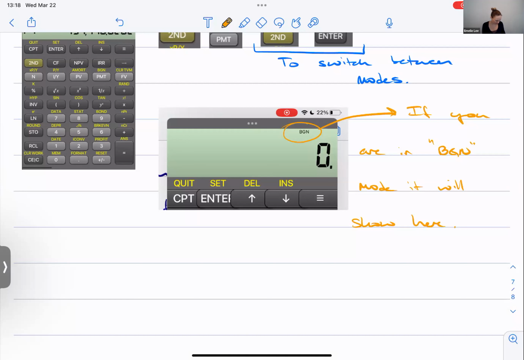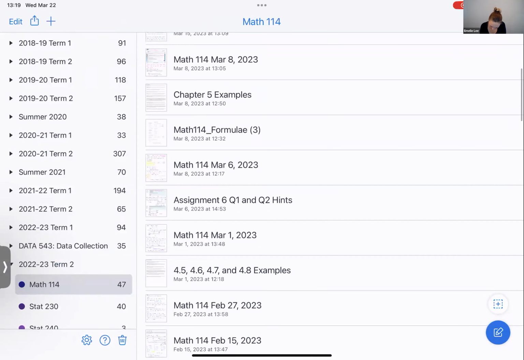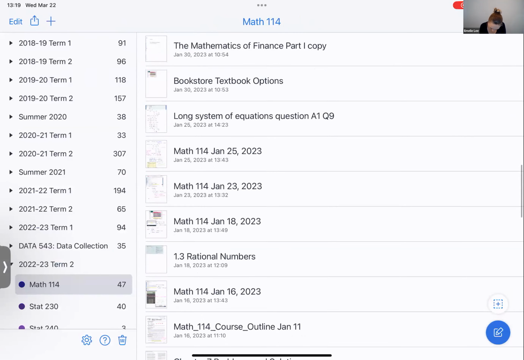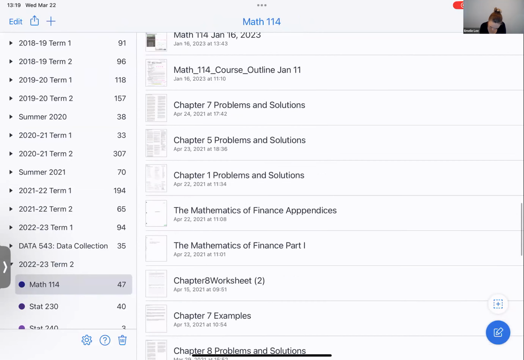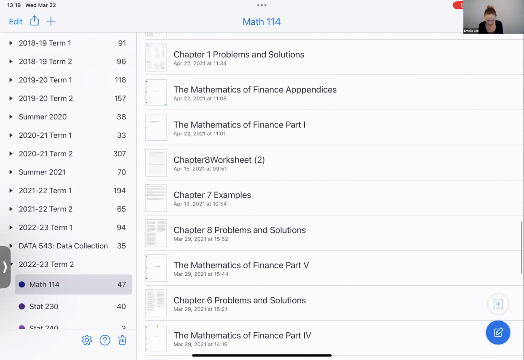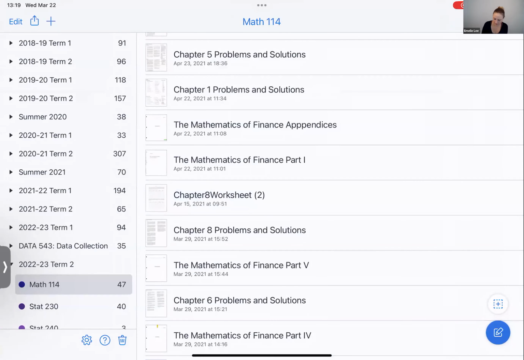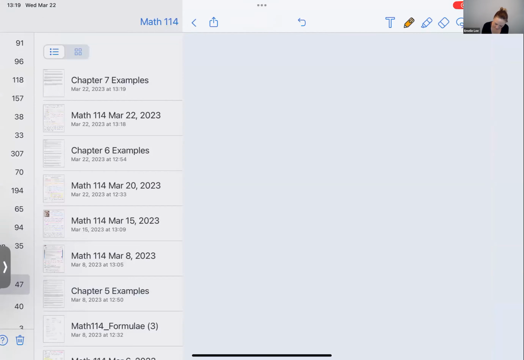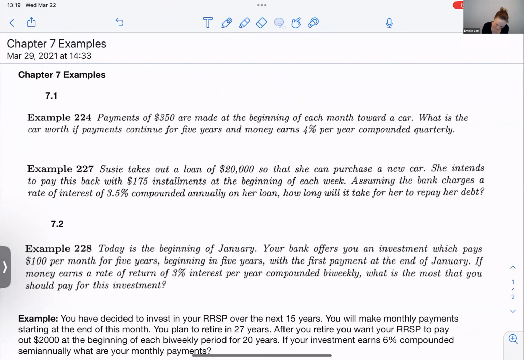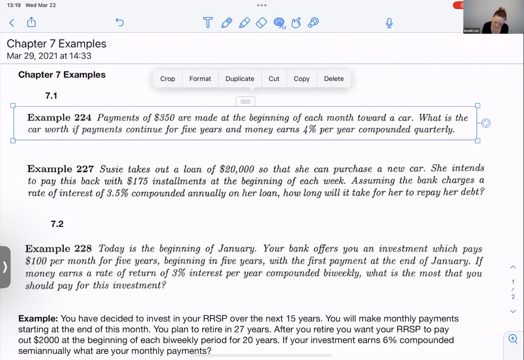Do I have my chapter 7 examples here? Are they around here somewhere? Problems and solutions. Hey, here. Let's do example 224.